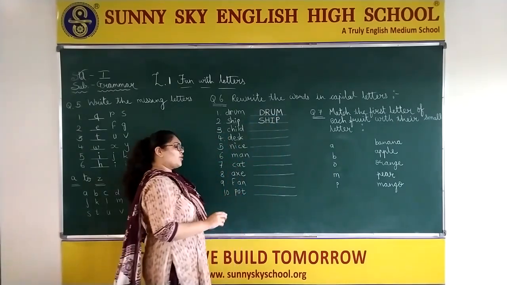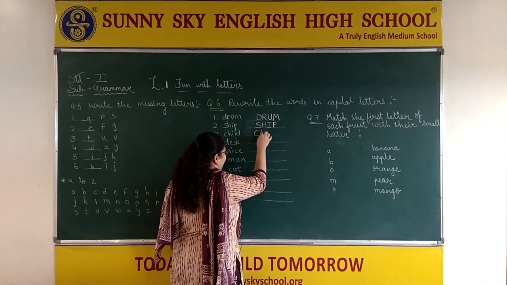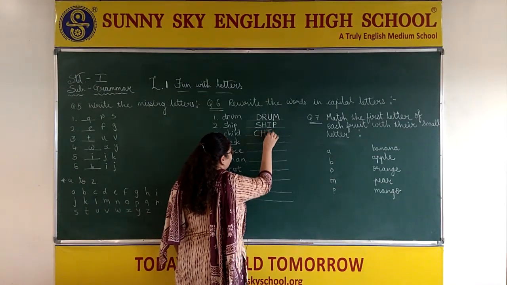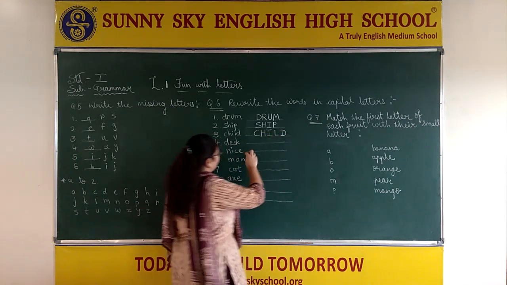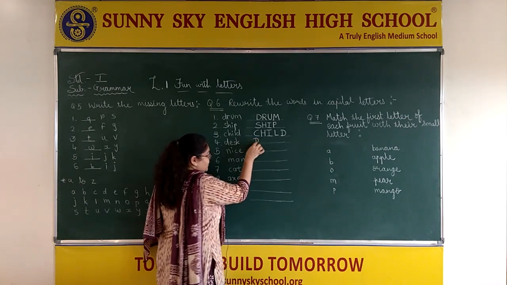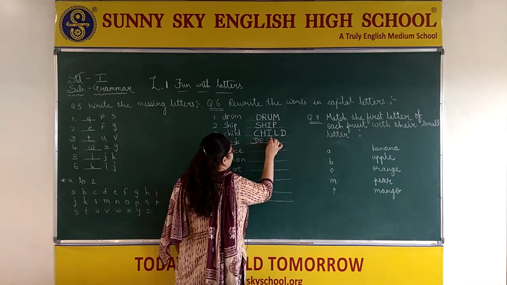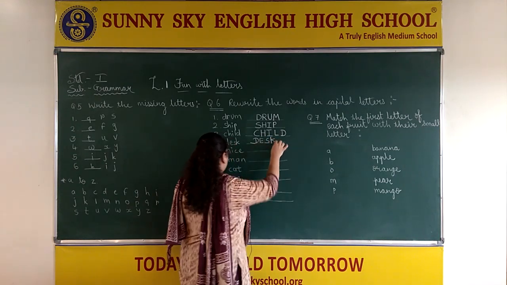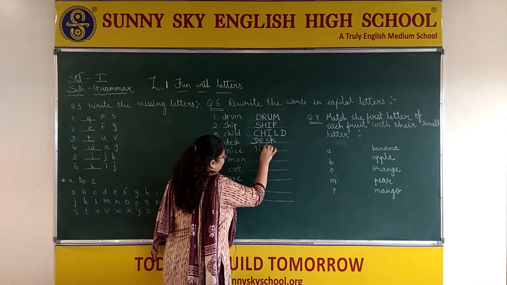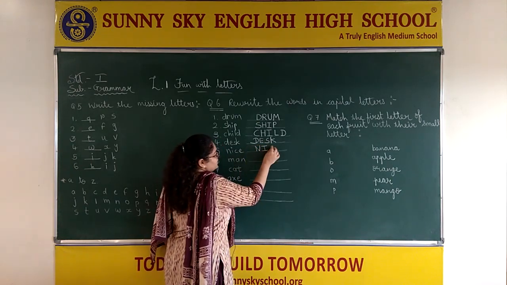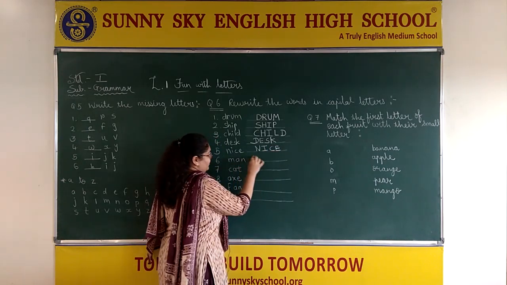Now do it by your own self, fast. C H I L D. Same way, here we will write capital D, capital E, capital S, and capital K. Desk. Now next, M A N. Here man.